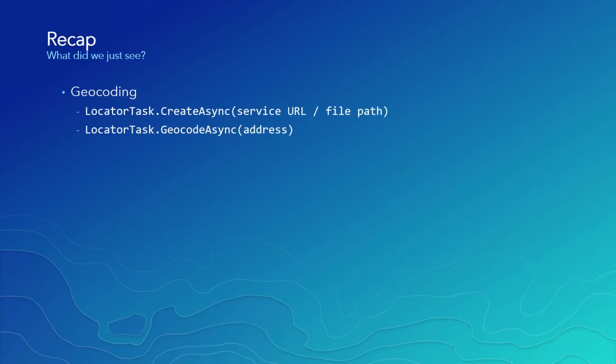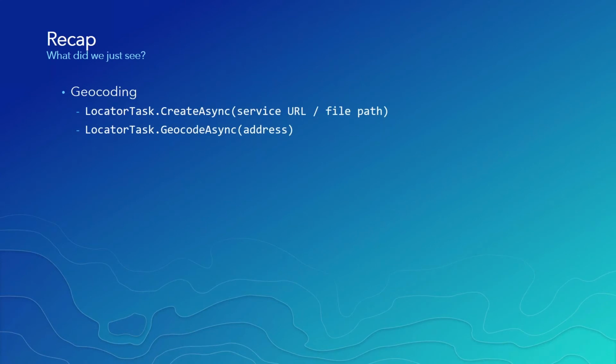Now, I didn't show some of the additional capabilities of locator task, which include reverse geocoding, so that's getting an address given an input point, or, very critical to good application development, the locator task also supports getting suggestions given a partial input string. So this is basically to drive autocomplete capabilities in an app.